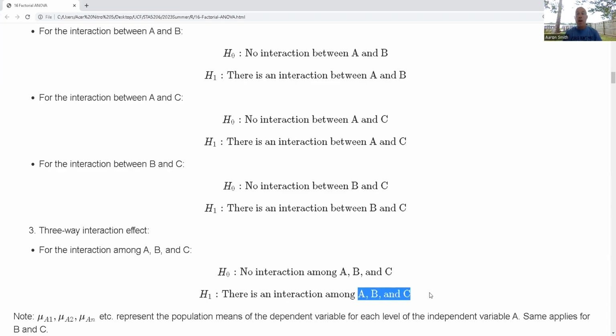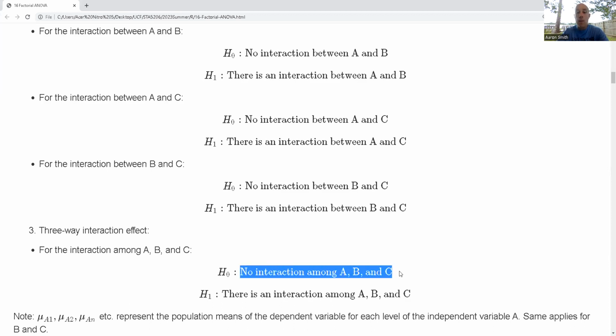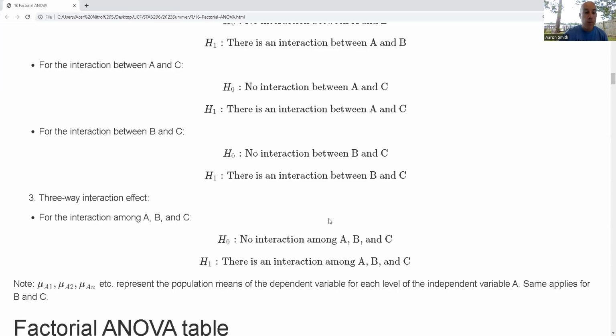And so if I have a higher order interaction going on, all of the lower order terms within it are included. So now I'm going to first do my higher order interaction conclusion. If I fail to reject the null hypothesis and I conclude that there's no three-way interaction, I'll start looking at the pairwise interactions to see which of these will be reasonable to remove from the hypothesis test.